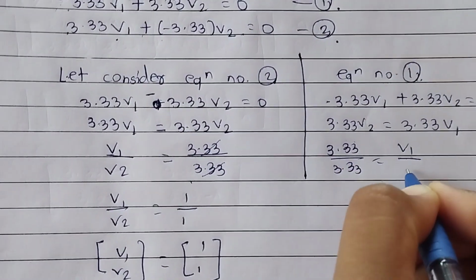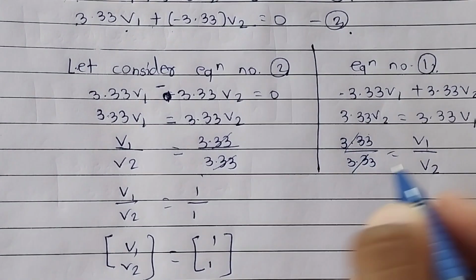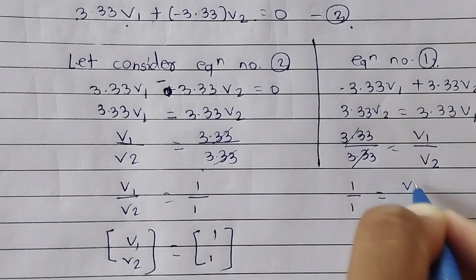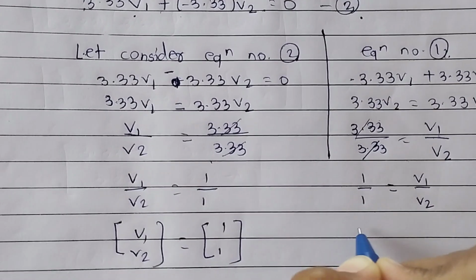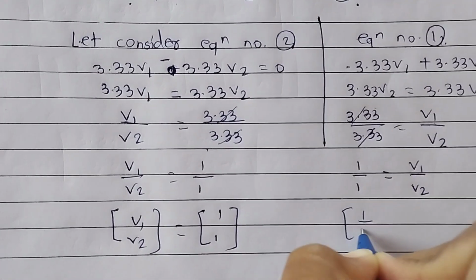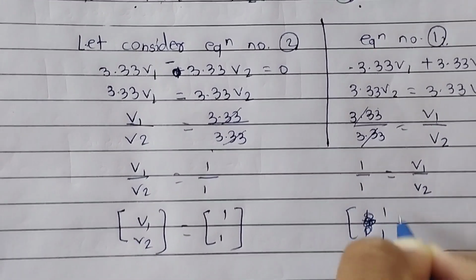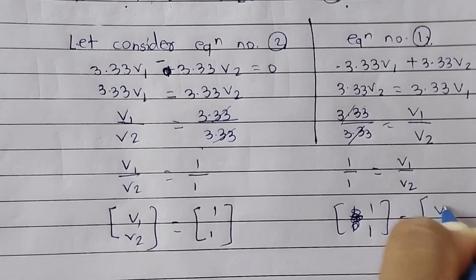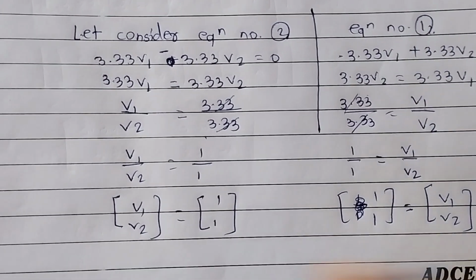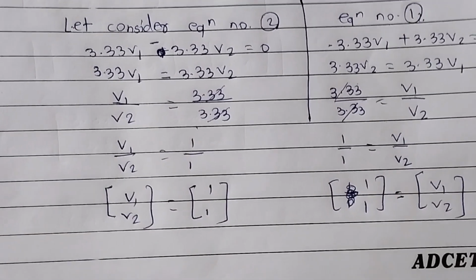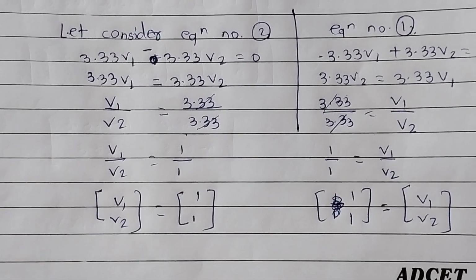So 1 by 1 is equal to V1 by V2. So again the vector is 1 1, it's not the divide sign, only 1 1 is equal to V1 V2. So we get the same values here. I hope you all get the idea about this.